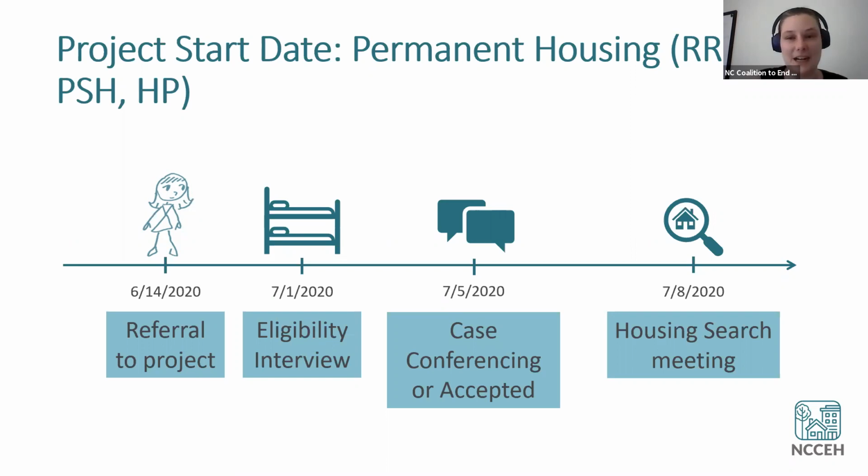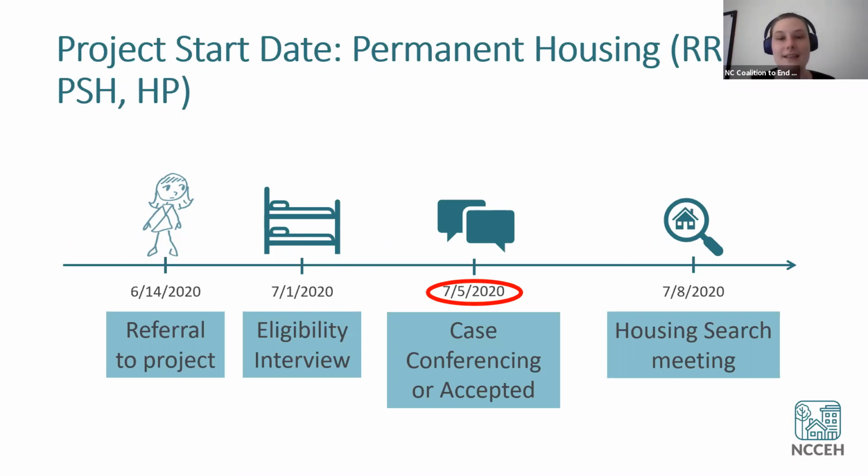All right, I'm going to close it off. I don't know if that changes your answer, Ricky. We need a couple more votes here, folks. Or maybe this is tricky. We've talked about this in too many different nuanced ways. So the correct date is our case conferencing or accepted date.